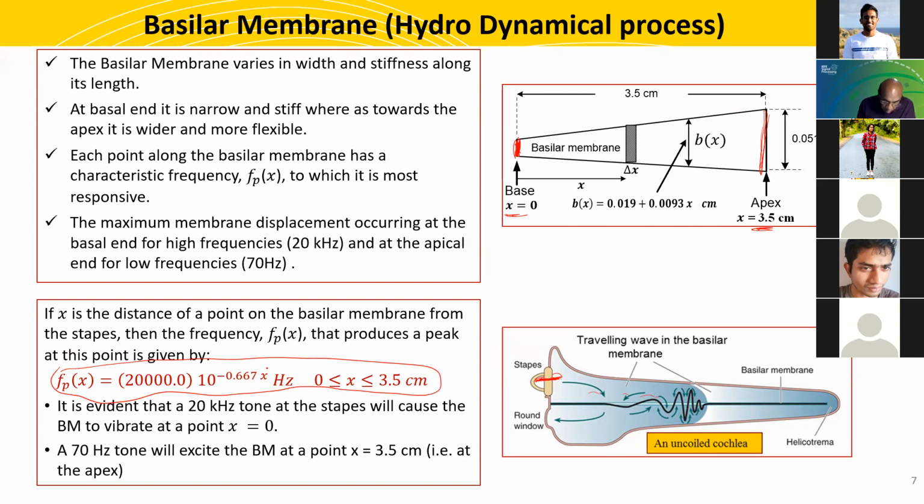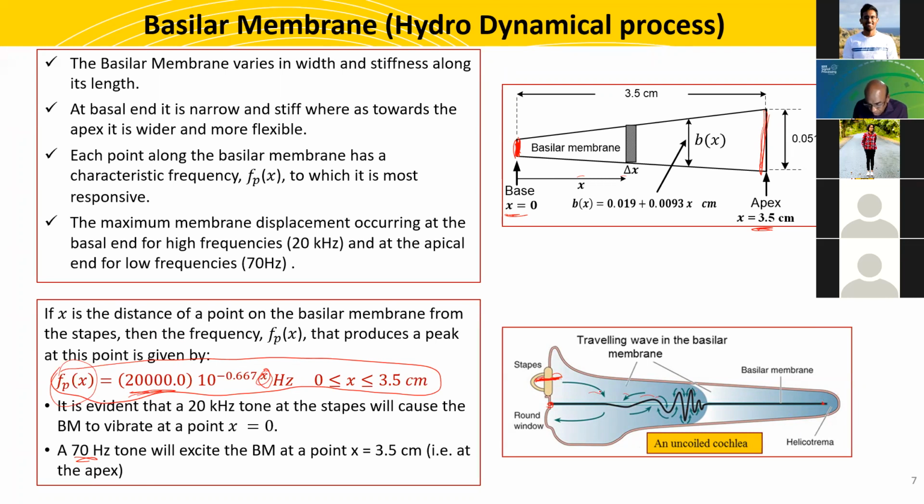This is a logarithmic scale. When X changes in distance, the frequency changes as well. If you put X equals 0, you will get roughly 20 kilohertz. This is a constant factor; you can make it 22 if you want. Then if you put X equal to 3.5, you'll end up with about 70 hertz at that point. So different values of X give you different frequency positions.